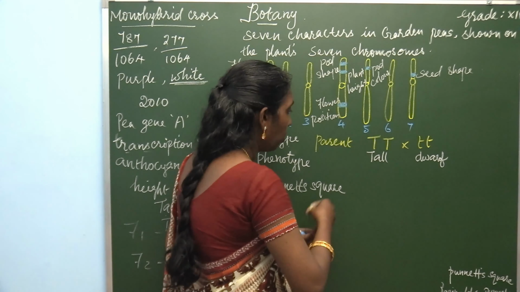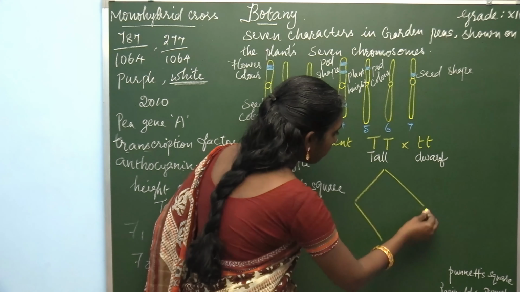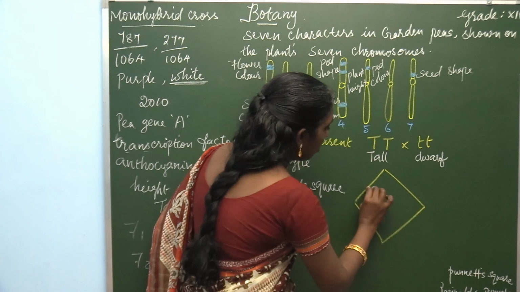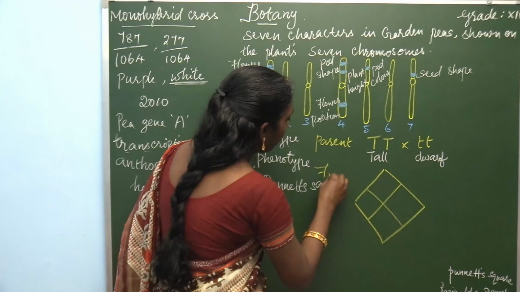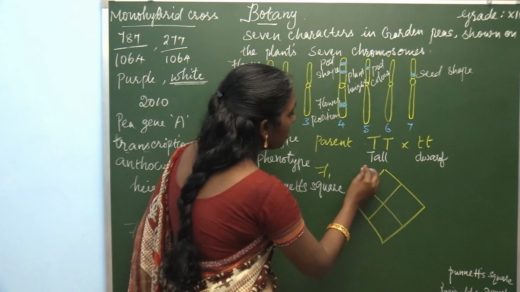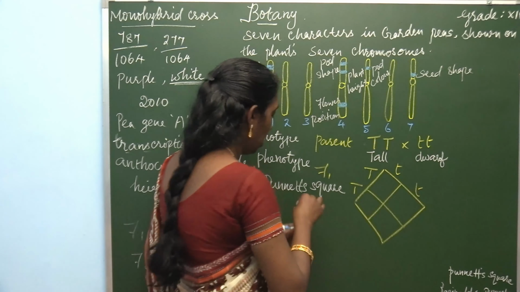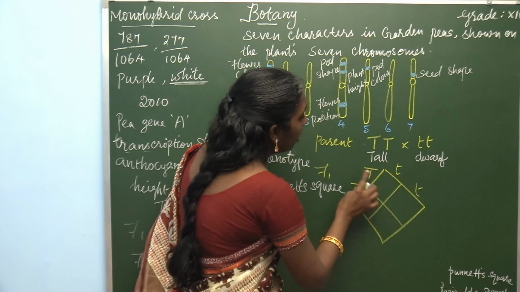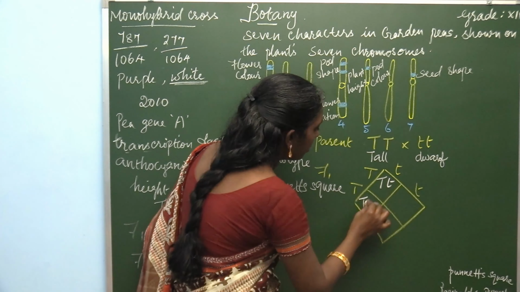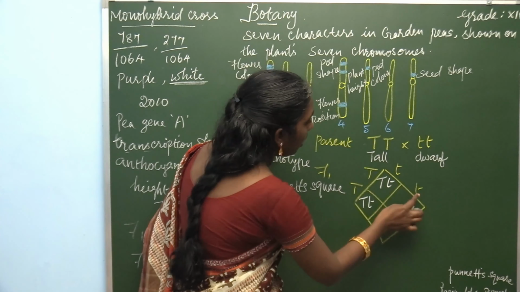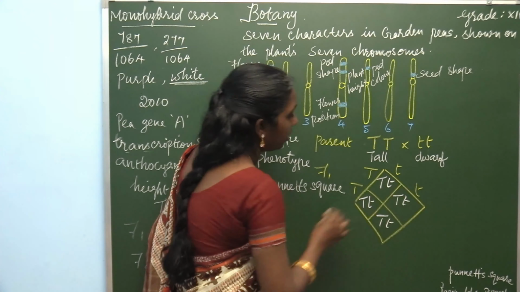How does it produce tall? This is the Punnett square. In F1, one parent is capital T, another small t, so it produces capital T, small t in each box.